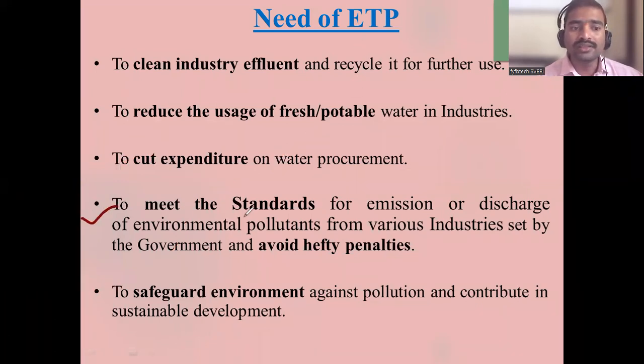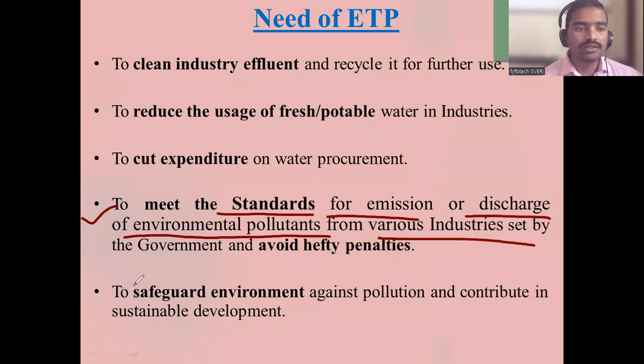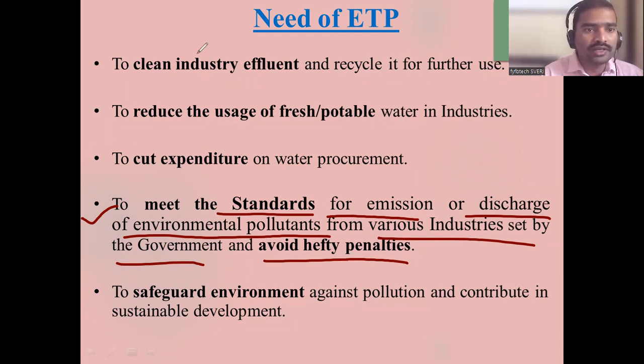Next, to meet the standards for emission or discharge of environmental pollutants set by governments for the various industries, to avoid the hefty penalty. If you consider this industry, which is generating very high effluent, we have to treat it.